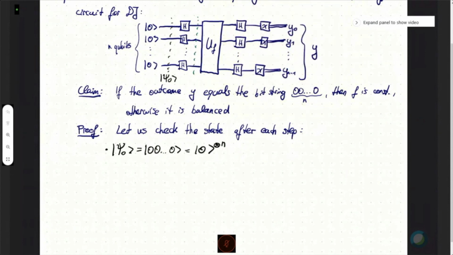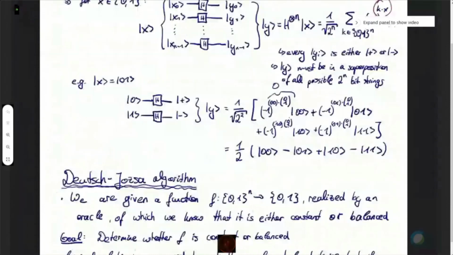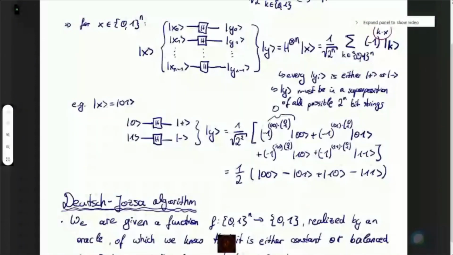Now the next step is when we apply all the Hadamard gates. So then we get the state psi 1, which is Hadamard gates on all n qubits applied to the state psi 0. And now we use what we just learned, the expression for the Hadamard gate on n qubits.